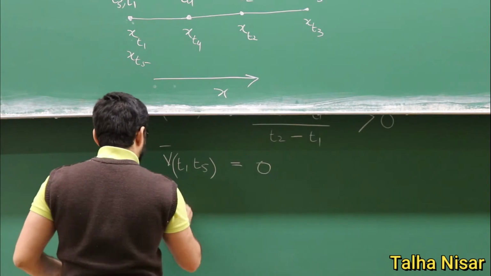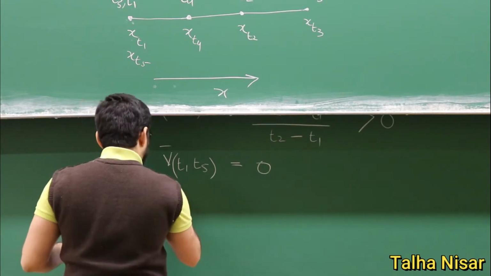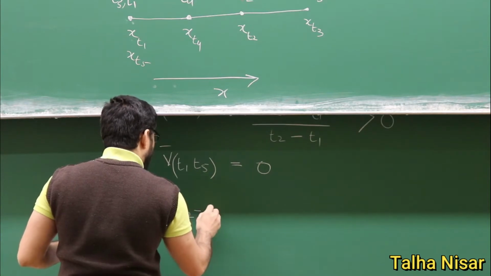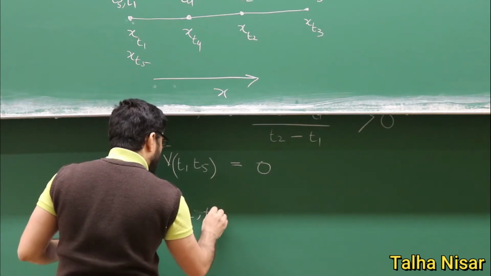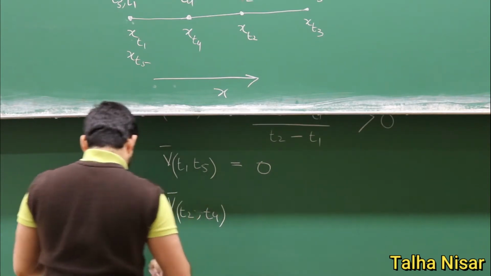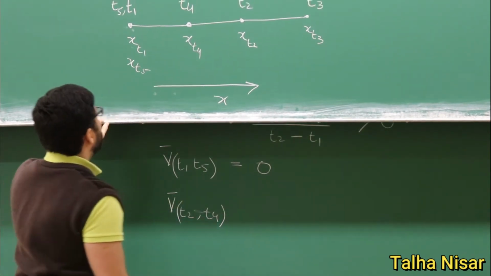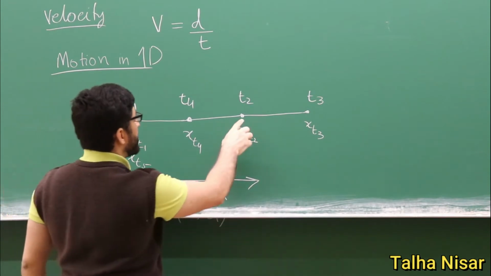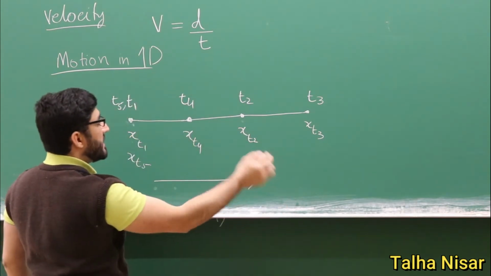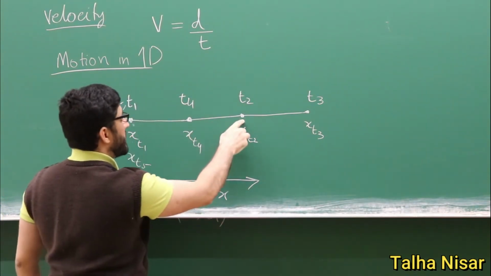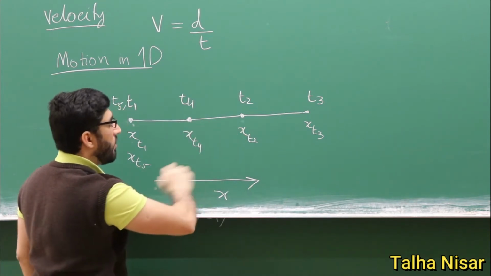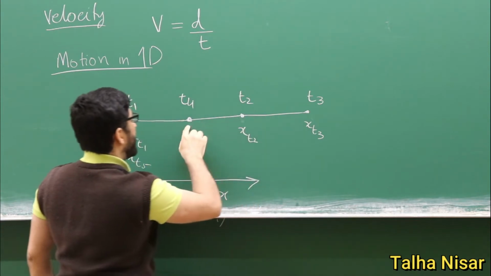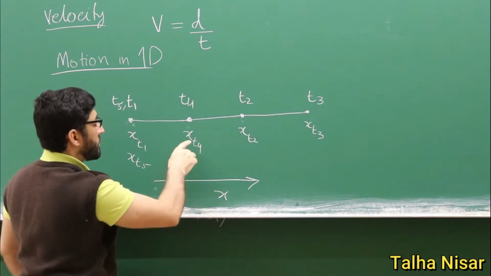And now we want to know the average velocity between t2 and t4. So t2 is here. We can clearly see that the displacement between these two is the shortest distance, although the object moved from x2 to x3, but then it comes back at t4.